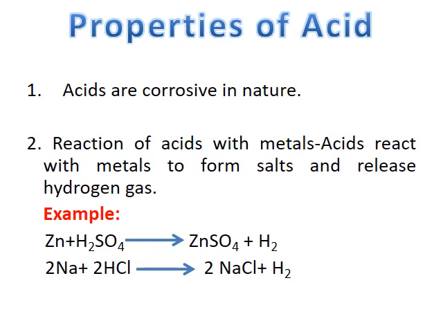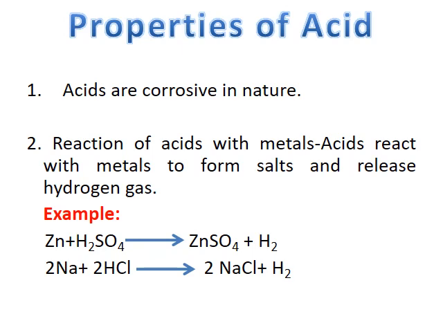Second property, acids react with metals to form salt and release hydrogen gas. For example, zinc reacts with sulfuric acid to form zinc sulfate and release hydrogen gas. Sodium reacts with hydrochloric acid to form sodium chloride and release hydrogen gas.